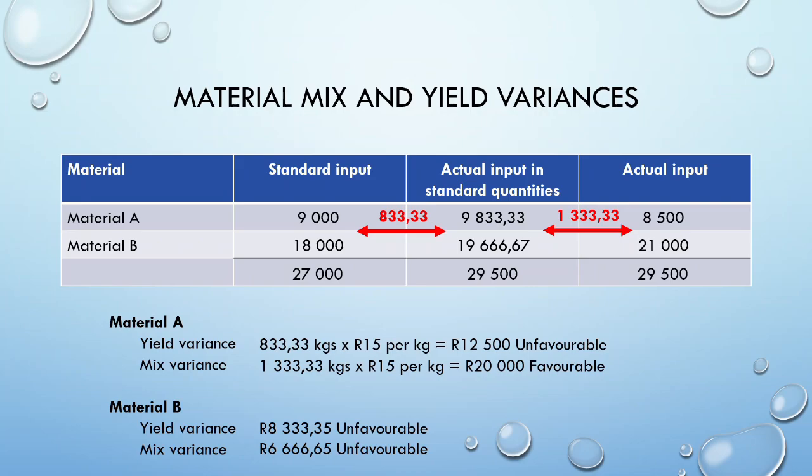They will either be all favorable or all unfavorable. In this example, all our yield variances were unfavorable. However, for the mix variances, at least one variance will always be in the opposite direction to the others. So you'll notice here that the material A mix variance is favorable, but the material B mix variance is unfavorable.